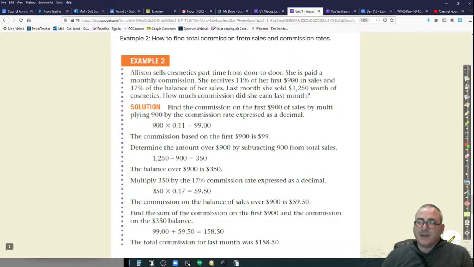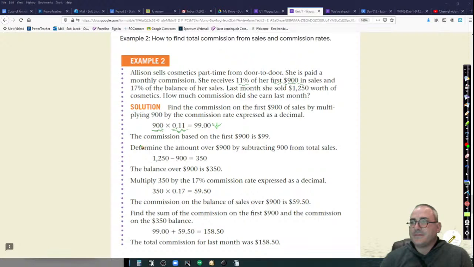Here's the 11% rate she gets paid for that first 900, and we find out that she got paid $99 of commission based on the $900 in sales at 11% commission rate. Fair enough? So kind of keep that 99 bucks in your mind because we're going to need to do something with this later. Remember that one.